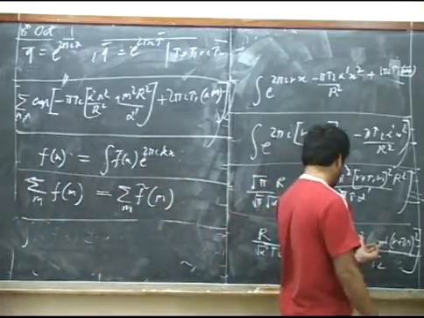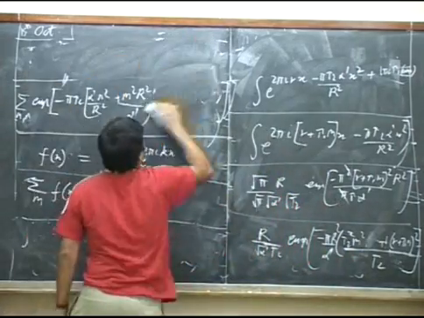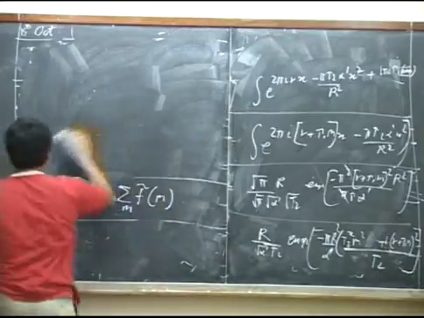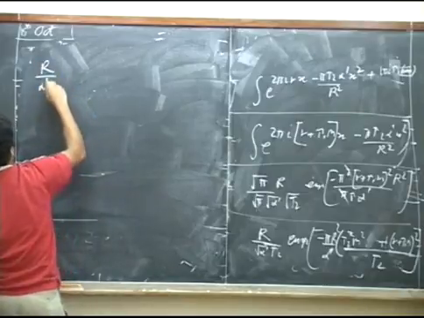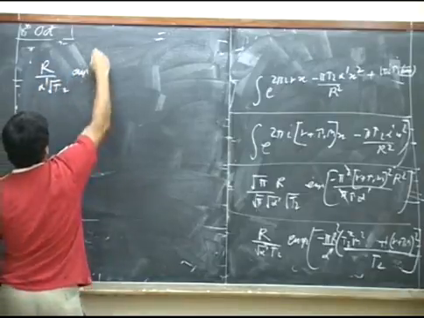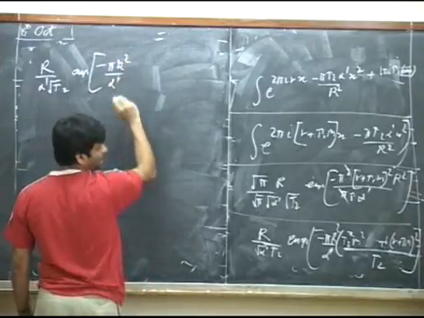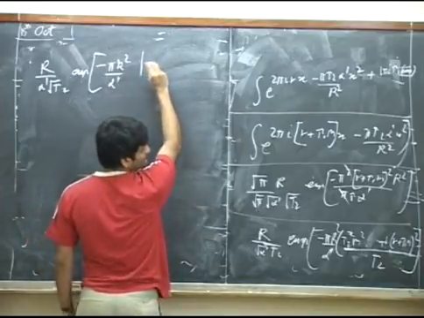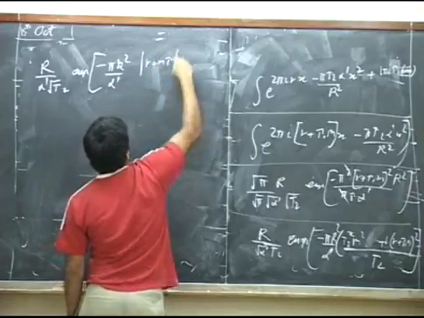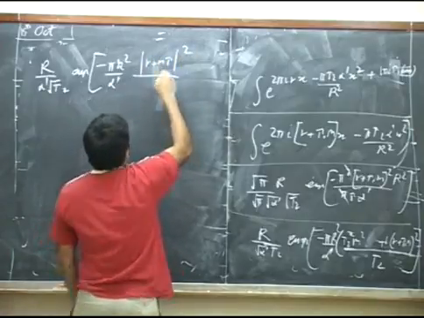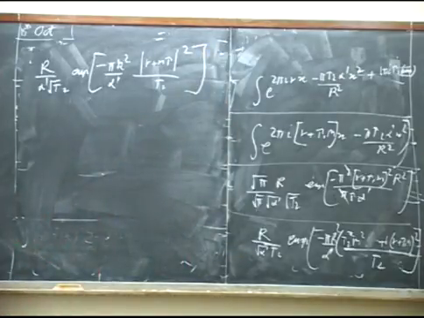And now this numerator can be written exactly. So we've got r divided by alpha prime square root tau 2, exponential of minus pi r squared by alpha prime, mod of (r plus m tau) squared divided by tau 2.